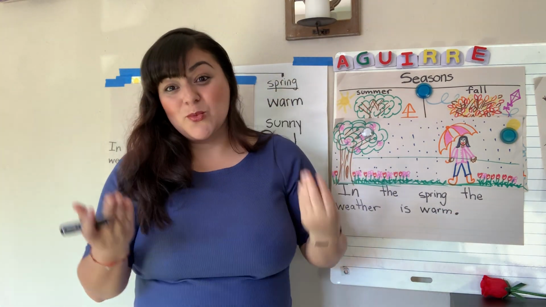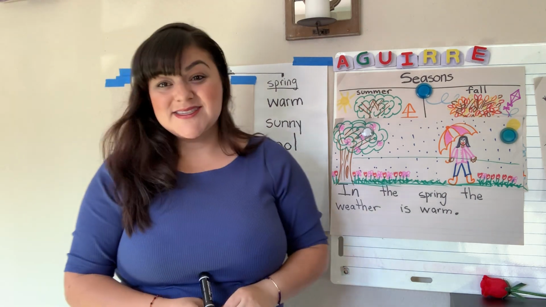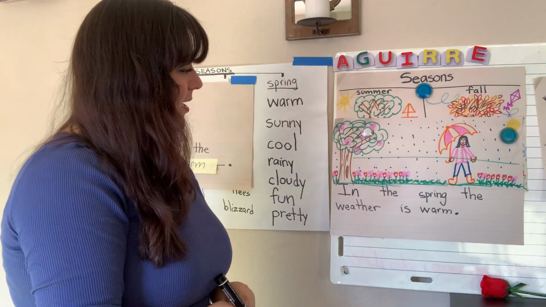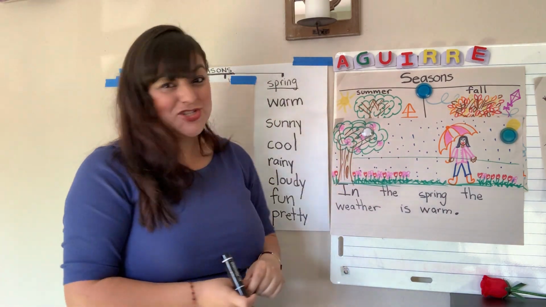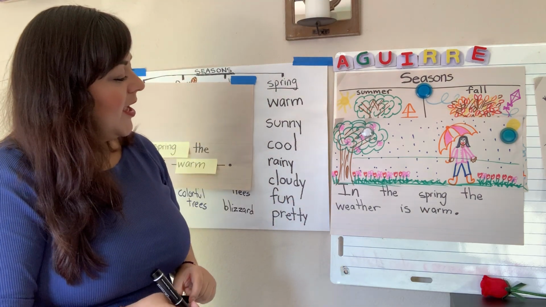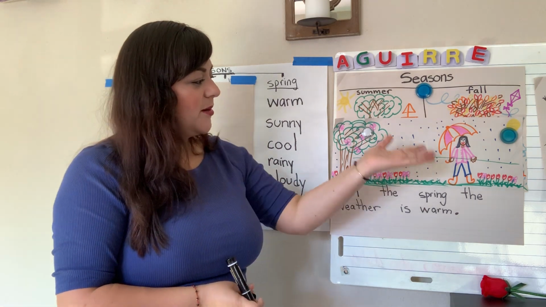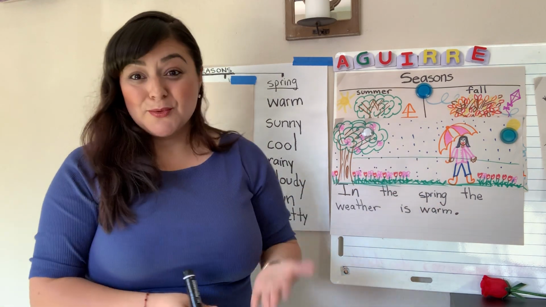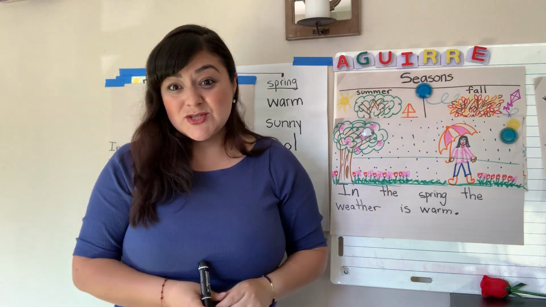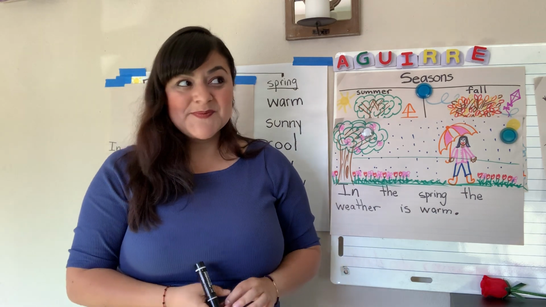So now I'm gonna write what activity I can do in the springtime, and I'm gonna use my sounds and high frequency words for that. Now, what am I doing? Look at my illustration. So in the spring, I can go outside and hold an umbrella. I can walk in the rain. I can stomp on water, jump in the puddles.